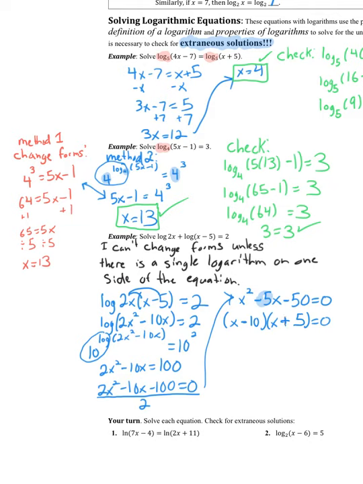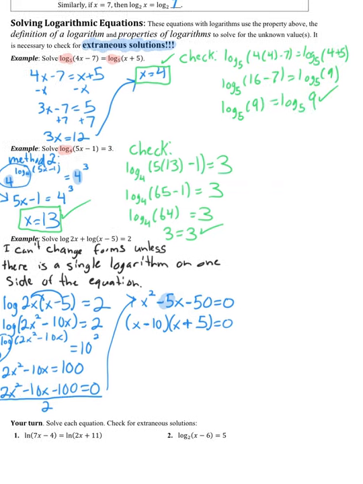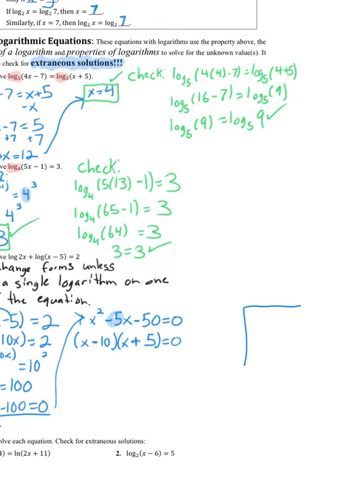All right, so I did that really fast in my head. If you need to, you can do the factor box method that we did last year, where we put x squared minus 5x minus 50 in there. And we just kind of mess around with it and say, okay, well, I have to do like a -10 and a +5.